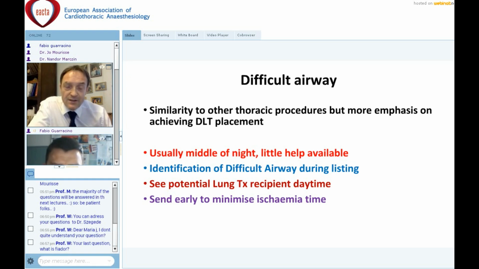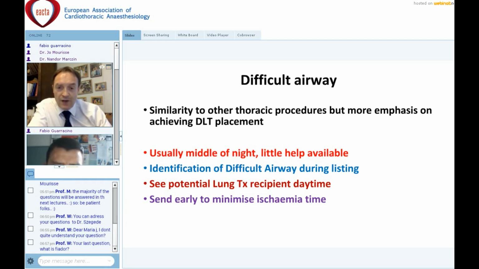Also, for the same reasons, seeing these potential lung transplantation recipients in the daytime would be important, and there are implications of a prolonged difficult intubation for the entire success of lung transplantation, as this would potentially add to the ischemia time. Therefore, careful consideration for coordinating timing and preparation for a potential difficult intubation is needed.